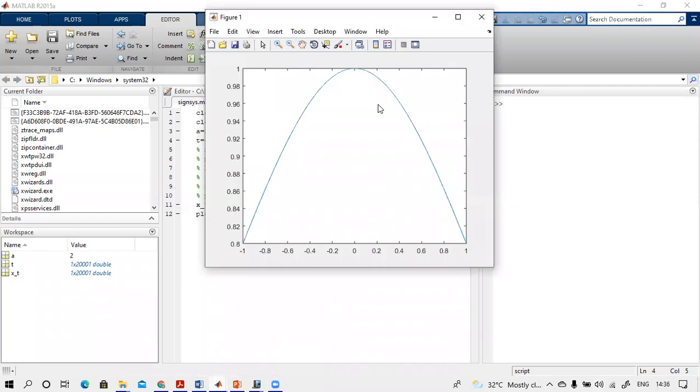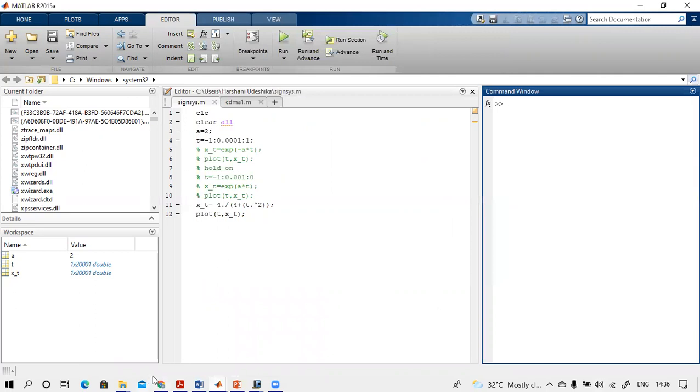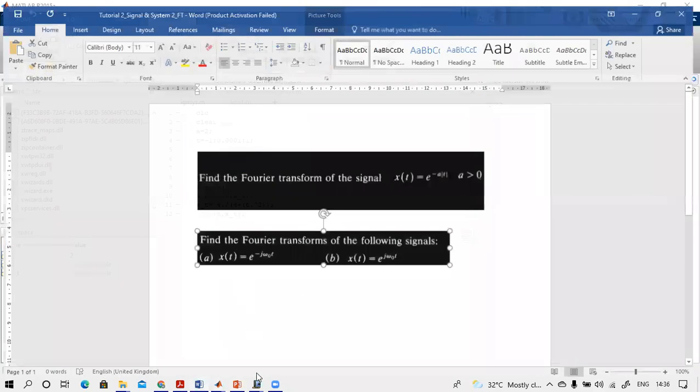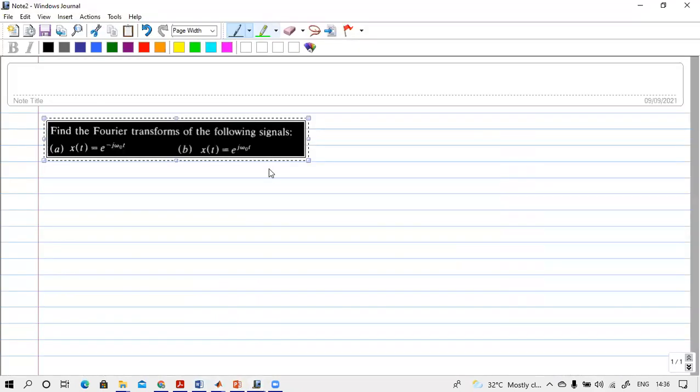So I hope that Dr. Udesh will cover the properties also. After doing the Fourier transform properties, we will see this question.